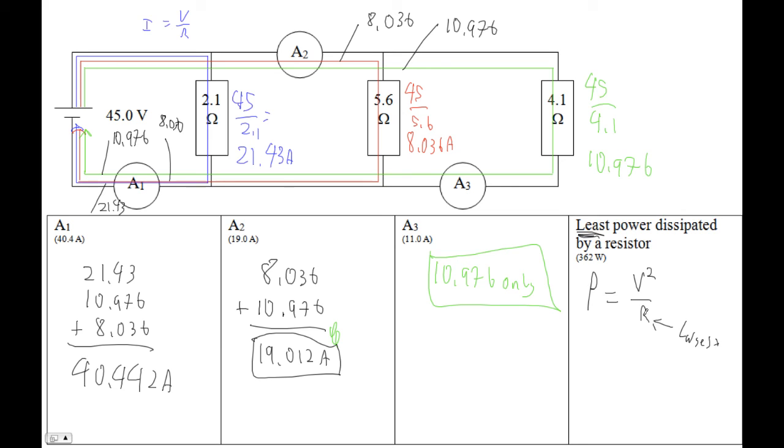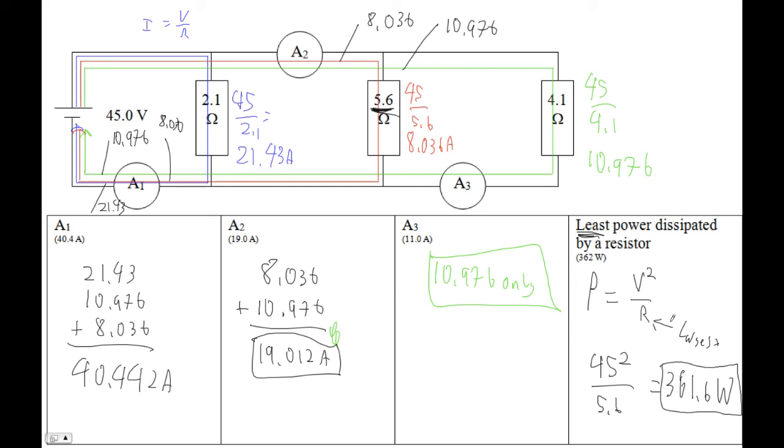Let's go 45 squared divided by the largest, which is 5.6, right? And that is 361.6. That's a lot of watts.